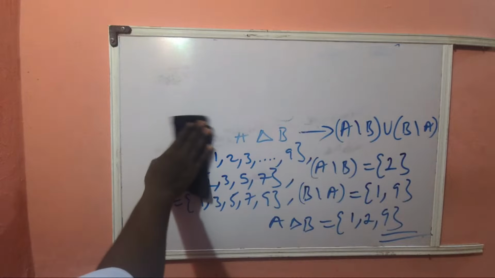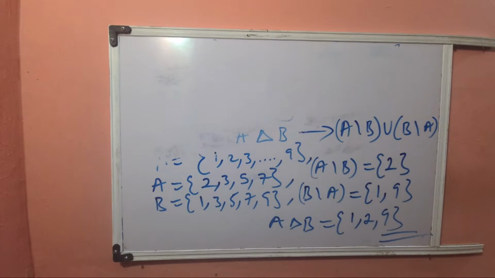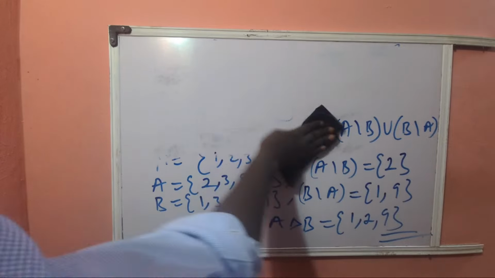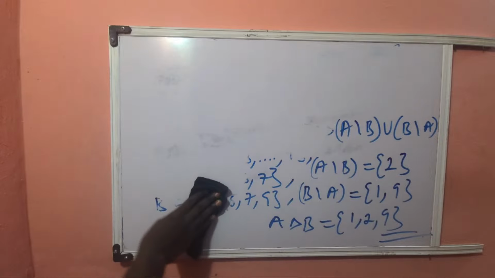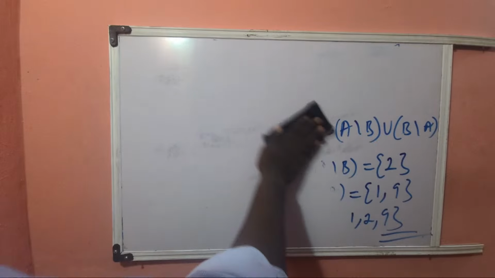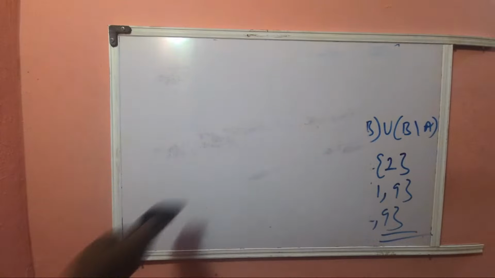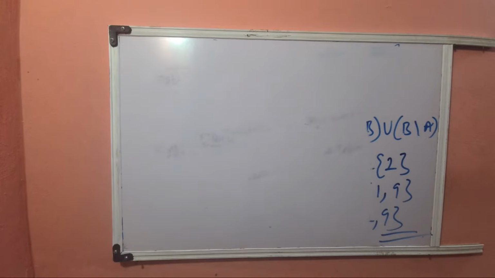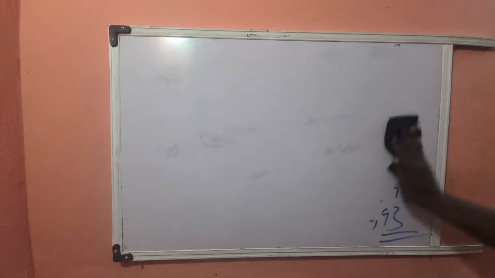You're then told to find f of 3, that means f into bracket 3. And then you are told to express f of x as a product of 3 linear factors. That's the real deal here.